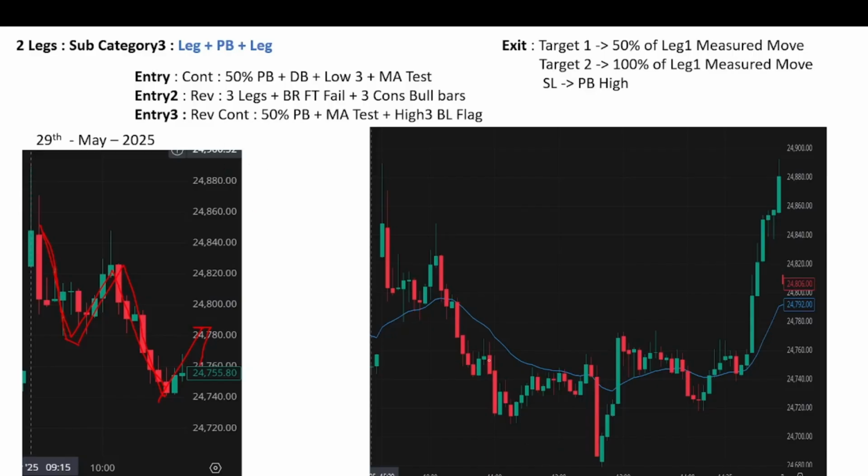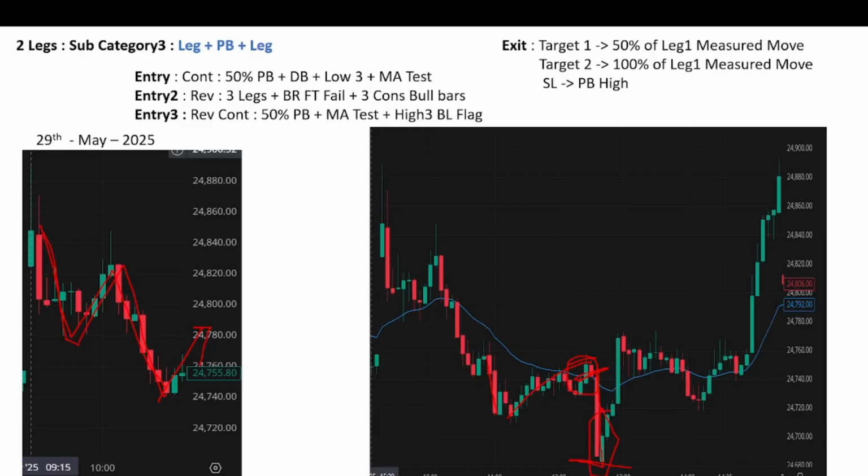It went a little lower, but eventually you got the pullback, and this happened to be high 3 as well, and you got this many points. If you had entered here, you get the exit chance when you got 2 consecutive opposite strong bars.